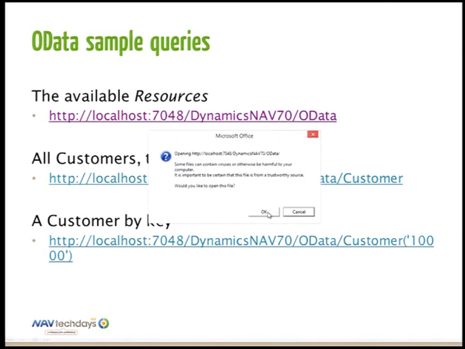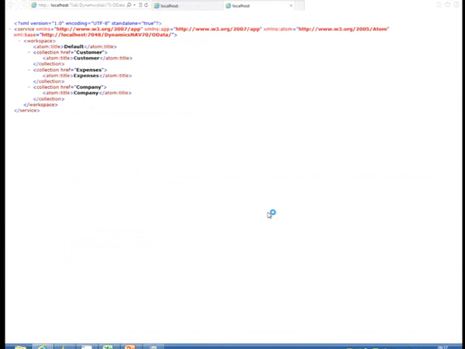So it asks you if you want to trust this. Yes, I do trust myself. And here you can see that the standard endpoint, the base endpoint, exposes or returns the resources that are currently exposed by this OData endpoint. And you can see it's the company, which is always there.